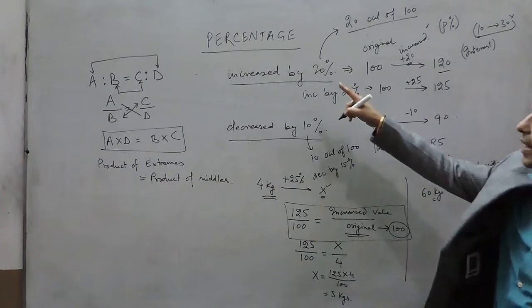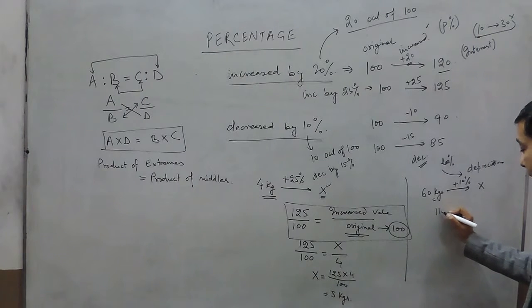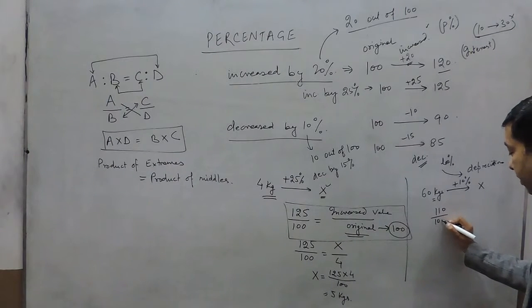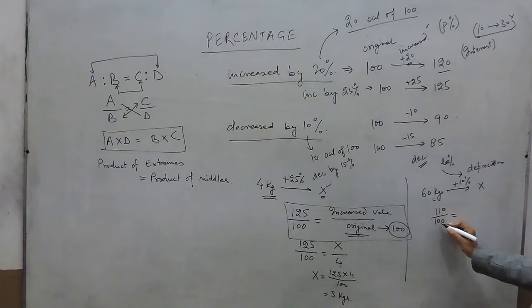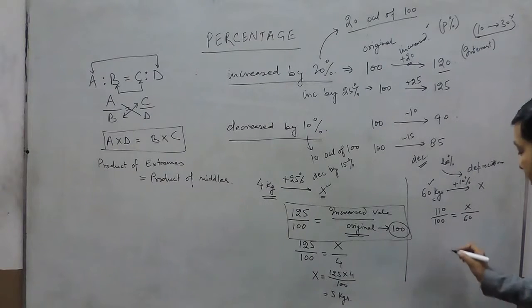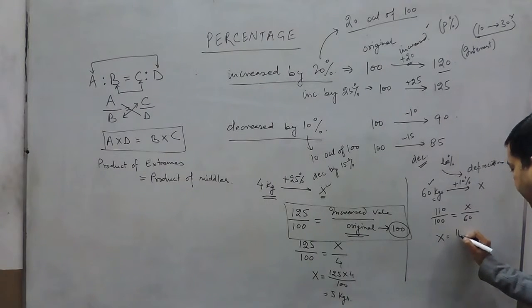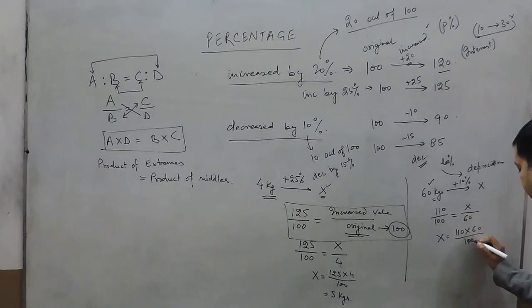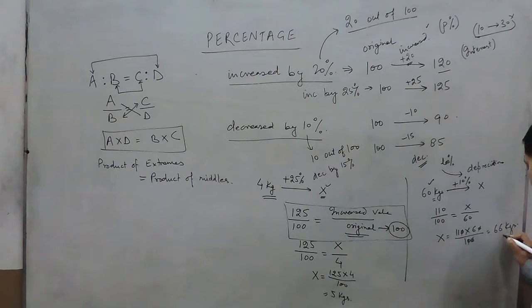Now the phrase increased by 10% we know is 110 upon 100. And now for this 110 upon 100, the original value is always in the denominator, it is 60 kg and here it is x. We can calculate the value of x as 110 into 60 upon 100. Cancel it out, it comes out to be 66 kgs.